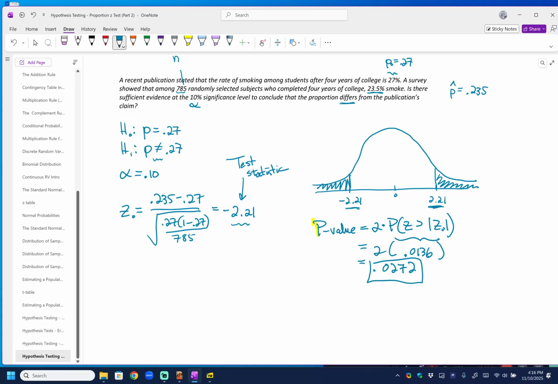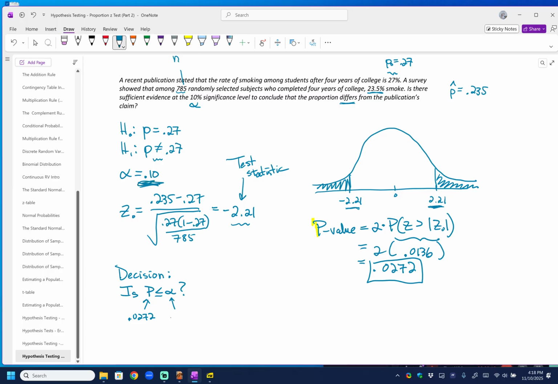Okay, moving to our decision step, we would say, is our p-value less than or equal to alpha? So in other words, is 0.0272, the p-value after it is doubled, less than or equal to our alpha, which is right here, 0.10.